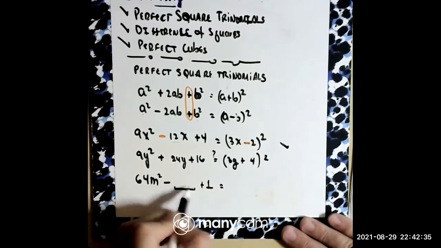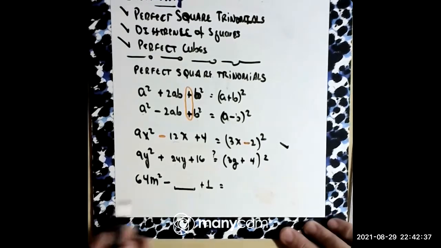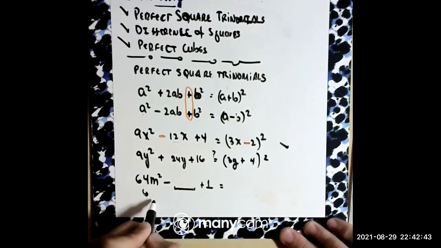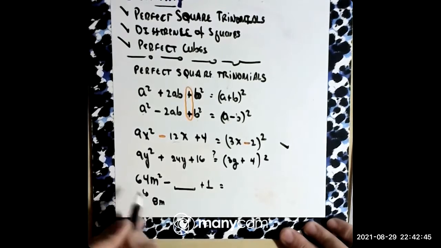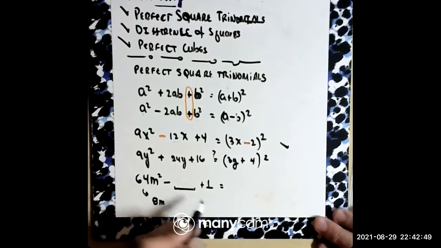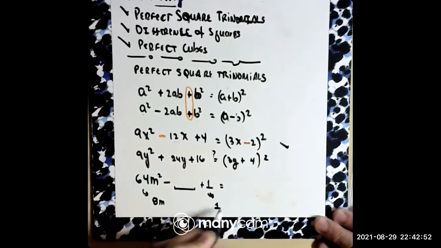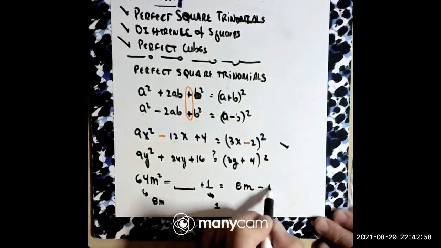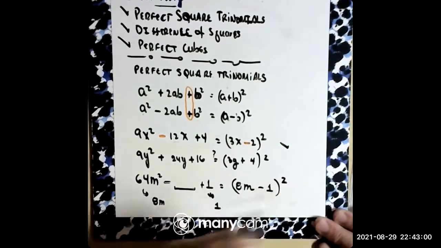What term do I need here in order to be a perfect square? Let's think about it. 64m squared, of course, its square root will be 8m, right? So 8m times 8m will be 64m squared. The square root of 1 is 1. So we need here 8m minus 1 squared.